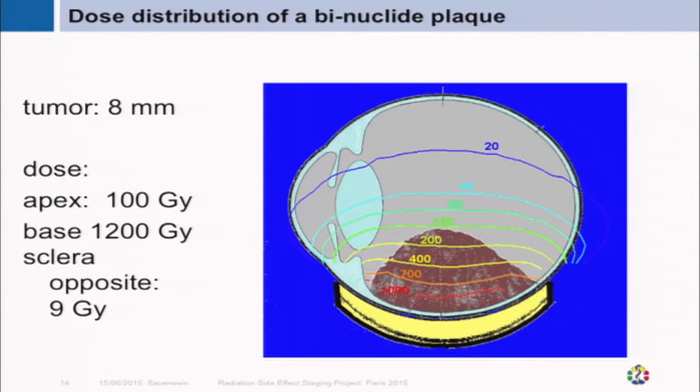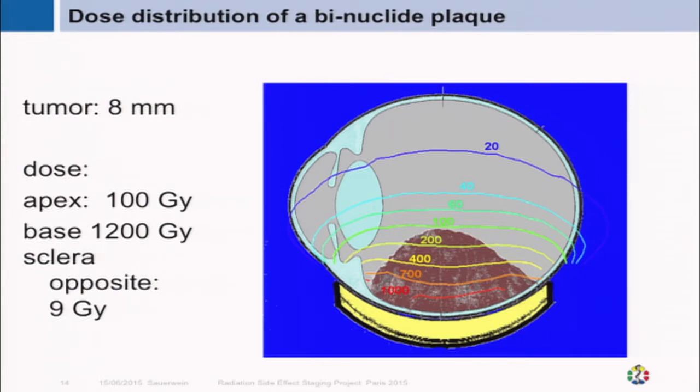Another plaque, mixing both iodine and ruthenium. You still have your 100 gray here. You have now a reasonable dose here, 1,200 gray, which is tolerable, and you only have 9 gray here. You have reduced the dose to the volume.